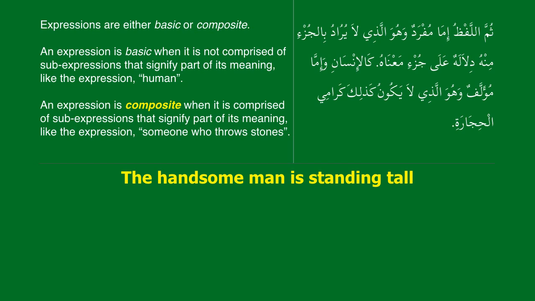But the entire sentence, the handsome man is standing tall, is a composite expression because it's composed of sub-expressions: handsome, man, standing, tall, and these sub-expressions signify part of its meaning, meaning that when you form a composite expression, you also compose the meanings of the universal mental language. And so that's why the sub-expressions signify part of the composite meaning.